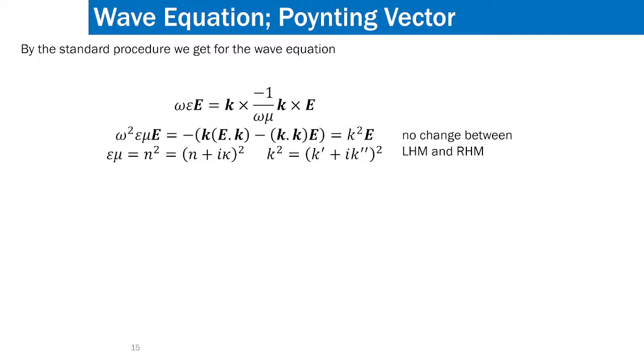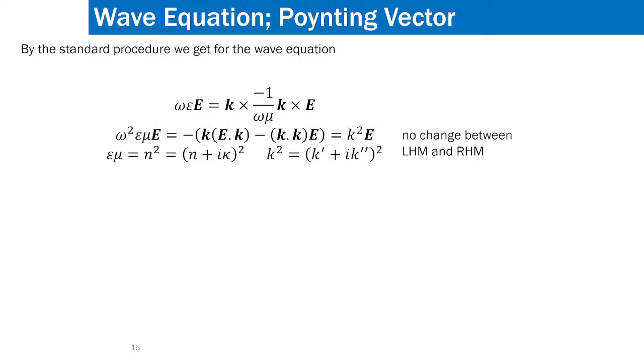So the left side becomes omega square epsilon mu E. The right side becomes minus k cross k cross E. So k cross k cross E is a vector triple product, so we can use the BAC-CAB rule to expand. That gives us minus k into E dot k minus k dot k into E.